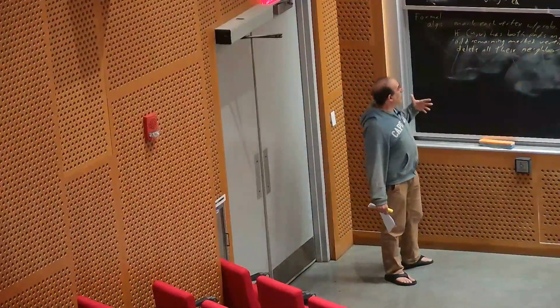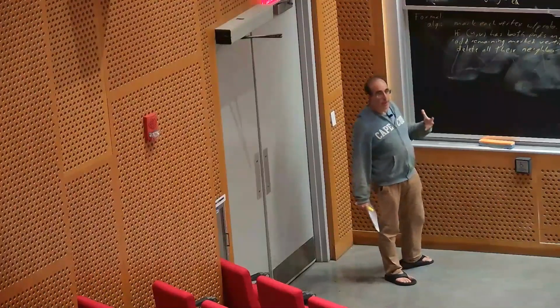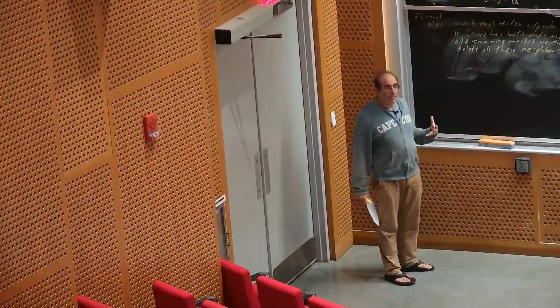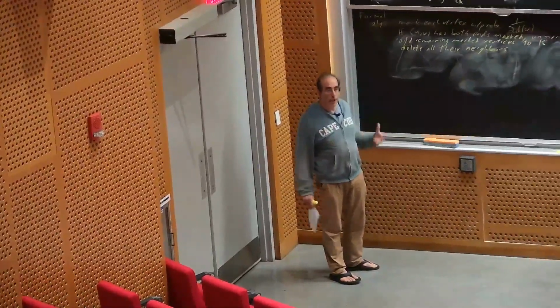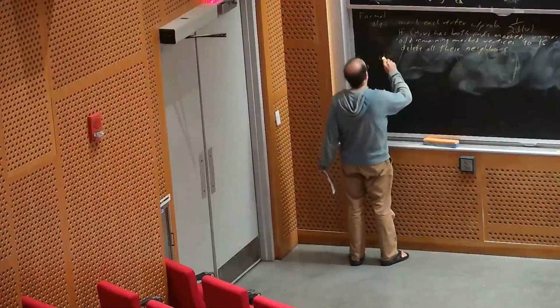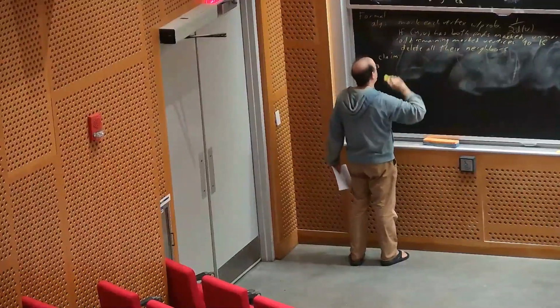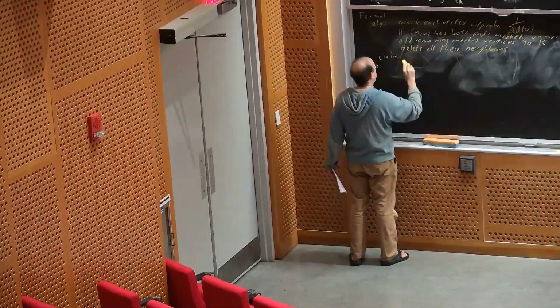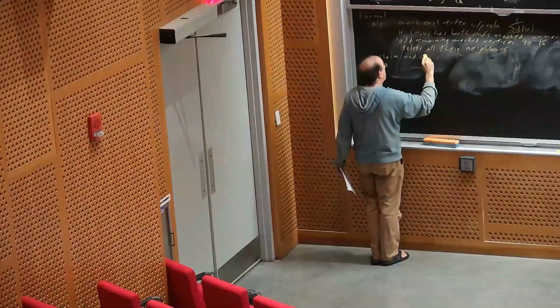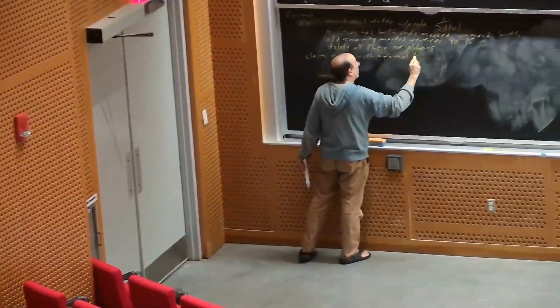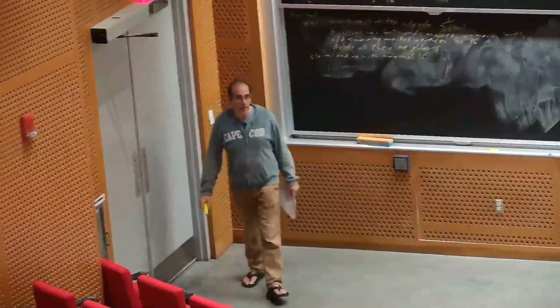I claim that if we do this as many times as we like, we're going to end up with an independent set. Right? So as long as this algorithm doesn't run forever, and it won't because we're going to be marking vertices, I claim that I end up with a maximal independent set.